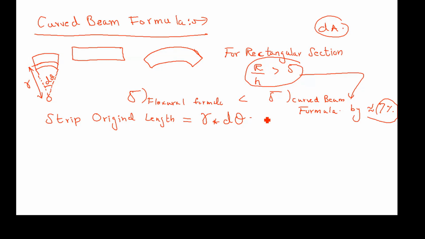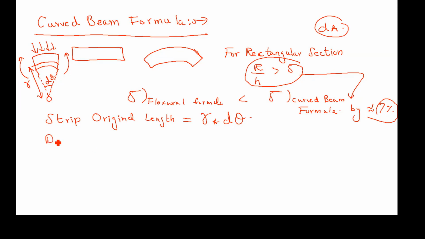So now, due to the rotation, the strip has to change its length. When the load is applied over here, due to the rotation of this member, as you know, a certain resistive moment is applied to this member, so we will observe a certain change in the length.